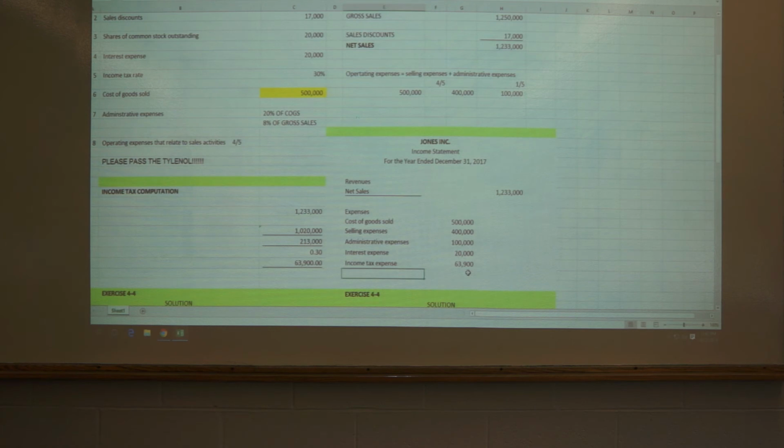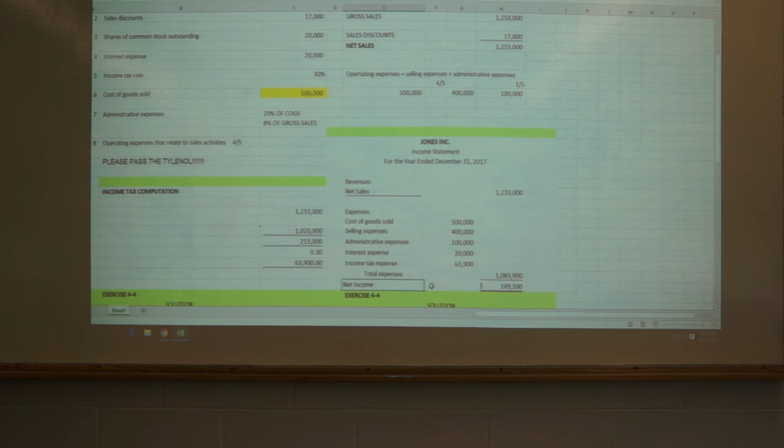And then you would have your total expenses. Let's sum all those up, 1,083. And our net income is revenues minus your expenses, which equals 149,100. Okay, so that is your net income.